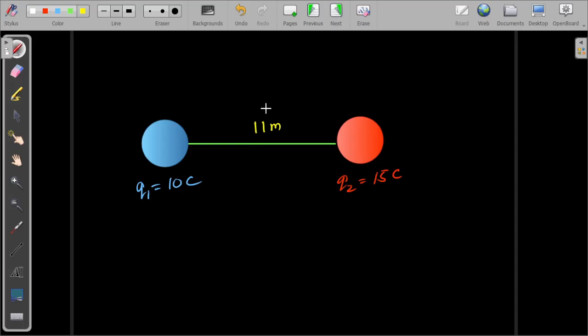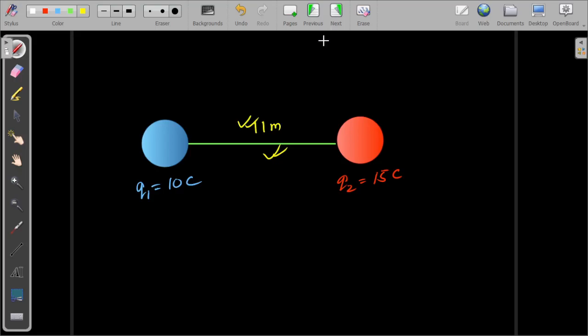Therefore, the value of distance is not much bigger than the value of the given amount of charges. Therefore, they will not be called point charges with respect to this distance. Understood? If you consider this distance, then that distance should be very big compared to the value of the charges. Understood?